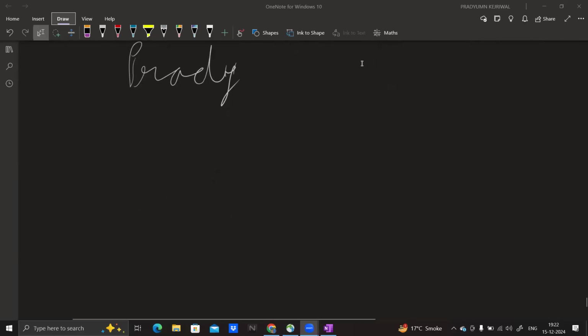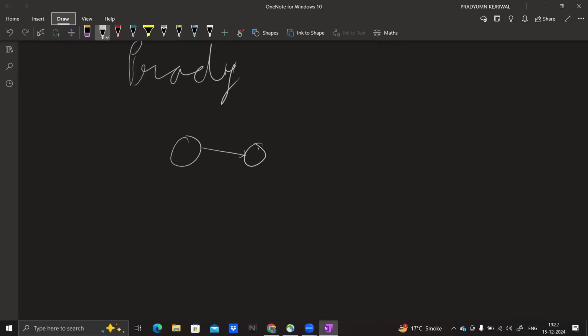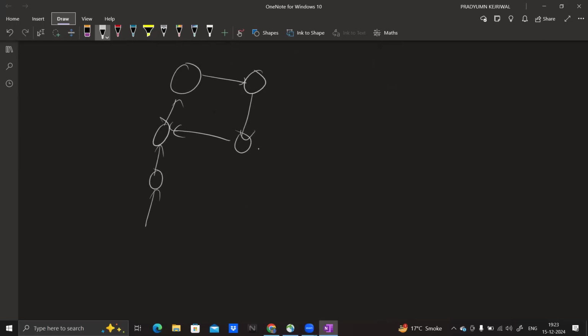Is that what you are saying? But I don't think that's true. These two nodes have in degree one, but they are not in a cycle. So that doesn't work.